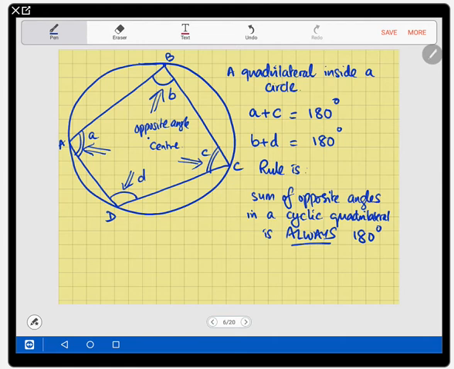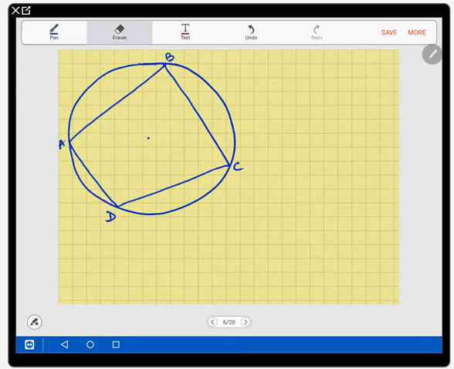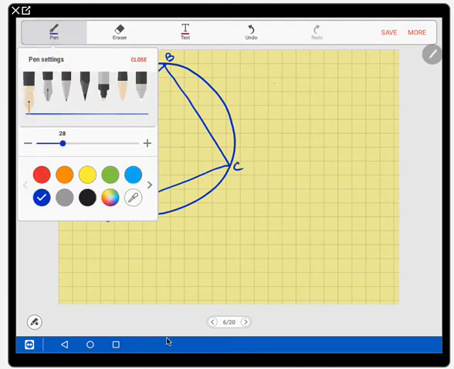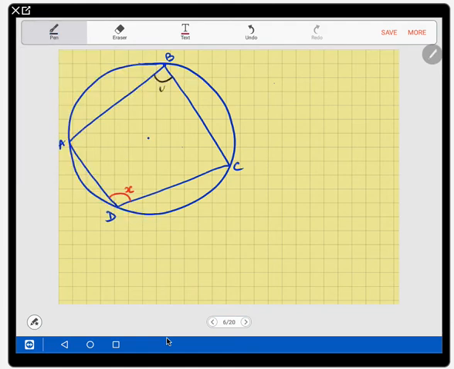Now, can we prove it? Okay, let's go and prove it. Let's say this angle is, no, I don't want to use D. Let's call it X. And let's call this angle here Y. So we're doing the proof here, okay?